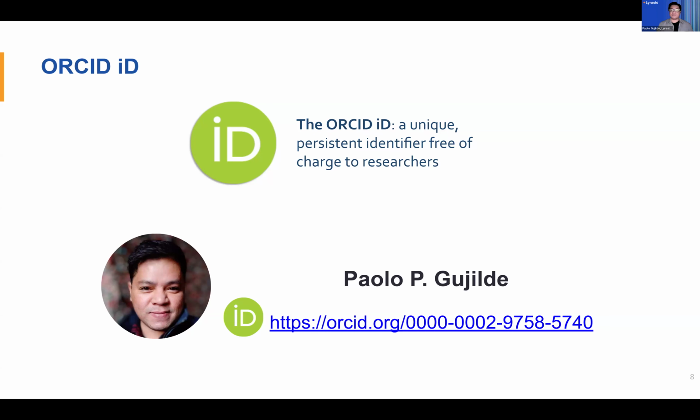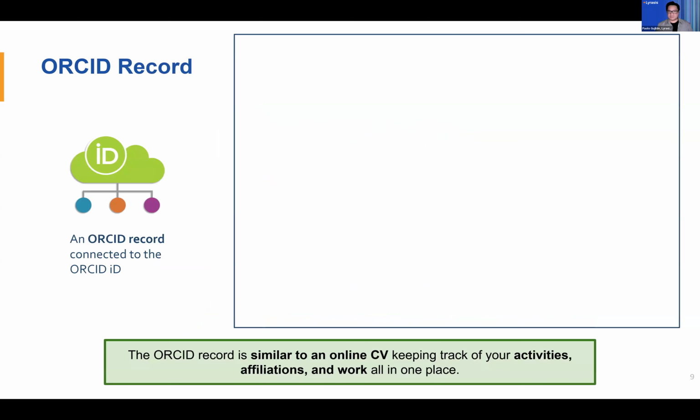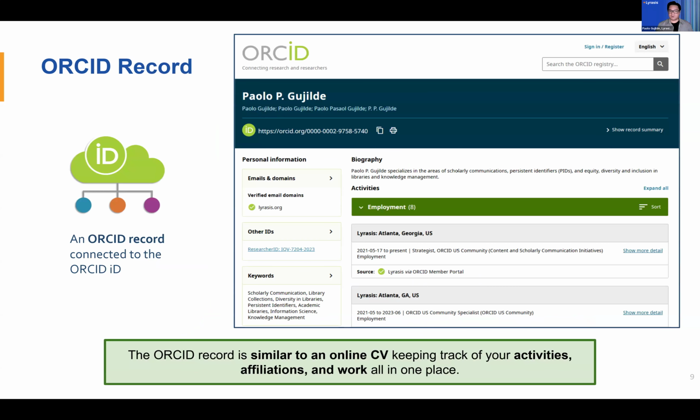What you can see here at the bottom of the screen, ORCID ID. And if you do click on that, that will take you to the second component of an ORCID. So the ORCID record is our second component. And with this, it is connected to the ORCID ID. So what you will see in the ORCID record is essentially what you would see in an online CV. You can take a look at your activities, affiliations, as well as your work, all in one place.